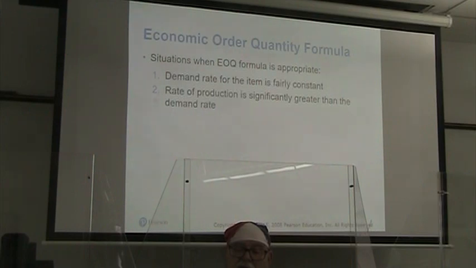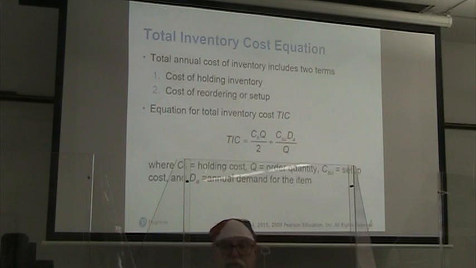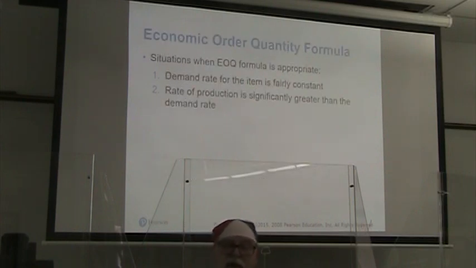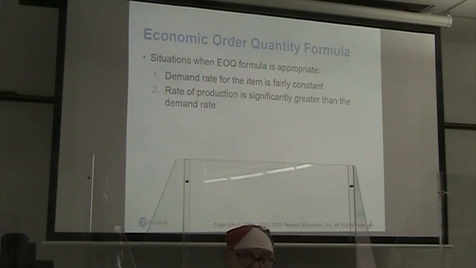And our rate of production is greater than our demand rate. The economic order quantity model, I should say, we also use in between units in our own production facilities at times.